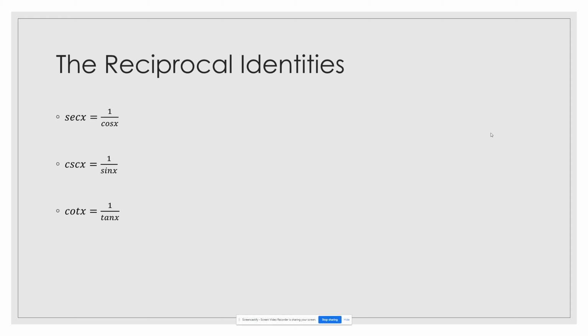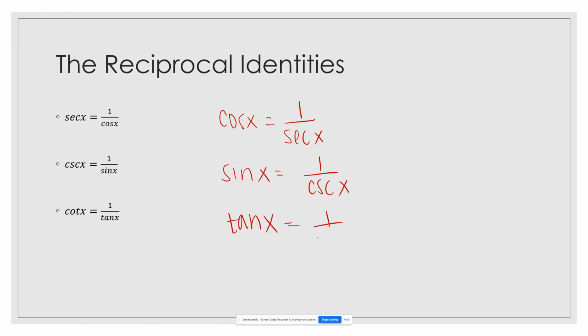And of course, you could also write these as cosine of x is 1 over secant of x, sine of x is 1 over cosecant of x, and tangent of x is 1 over cotangent of x. So you can write it either way.